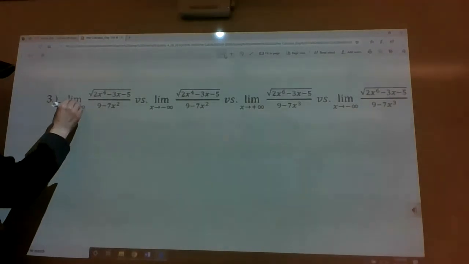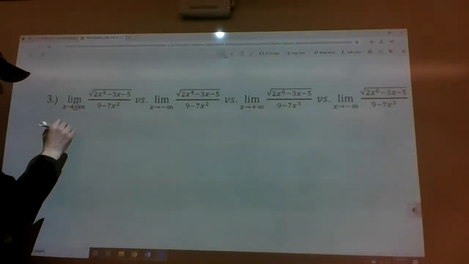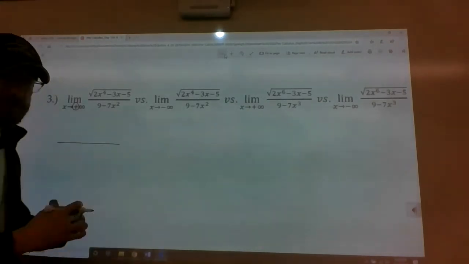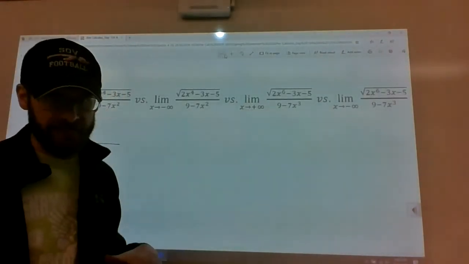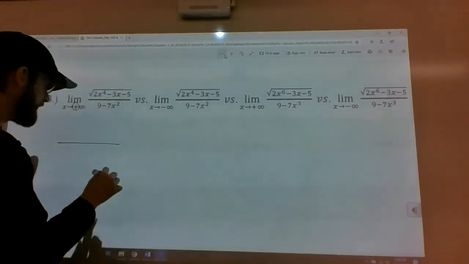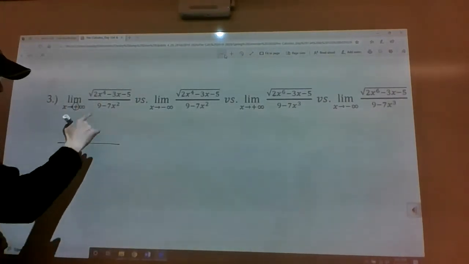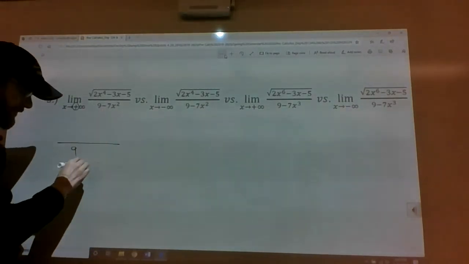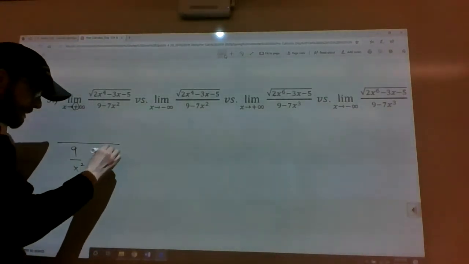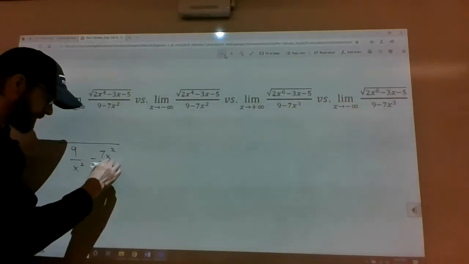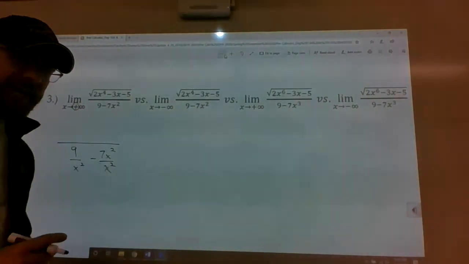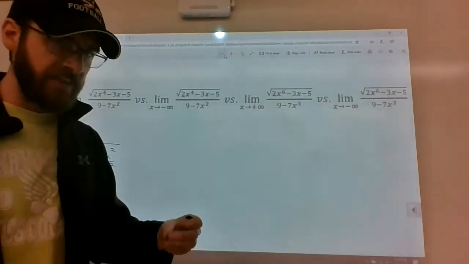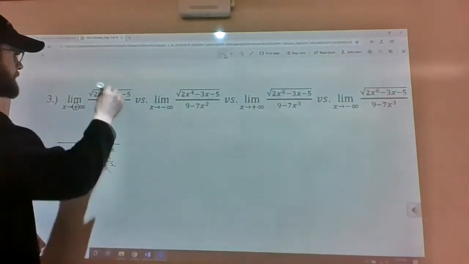So if it's positive infinity, we know right off the bat that we're going to divide by just regular old x squared on the top, or I'm sorry, on the top and bottom. So the bottom is 9 minus 7x squared. We're going to divide by the biggest power on the bottom, which is x squared. Now you got to ask yourself the question, what is the equivalent square root that would yield x squared?